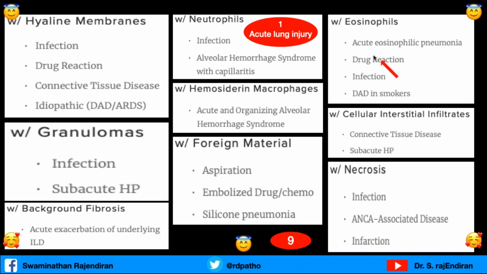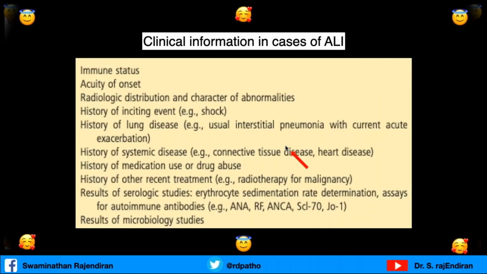I'm not going to go through all the conditions, but there are 9 subtypes in pattern 1, and this is given in 6pattern.org. Whenever you see foreign material, for example, look for any aspiration or embolized drug or chemotherapy agents, or silicone pneumonia when there is acute lung injury with foreign material. So these 9 subtypes you have to remember in pattern 1.